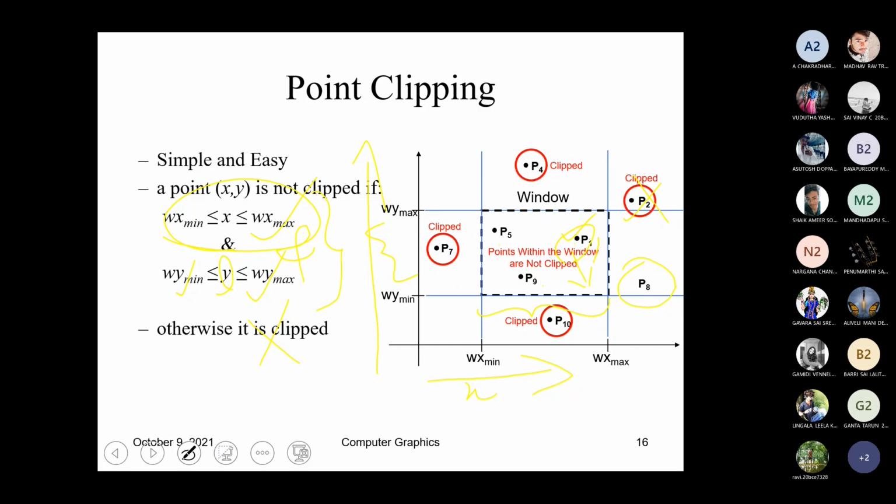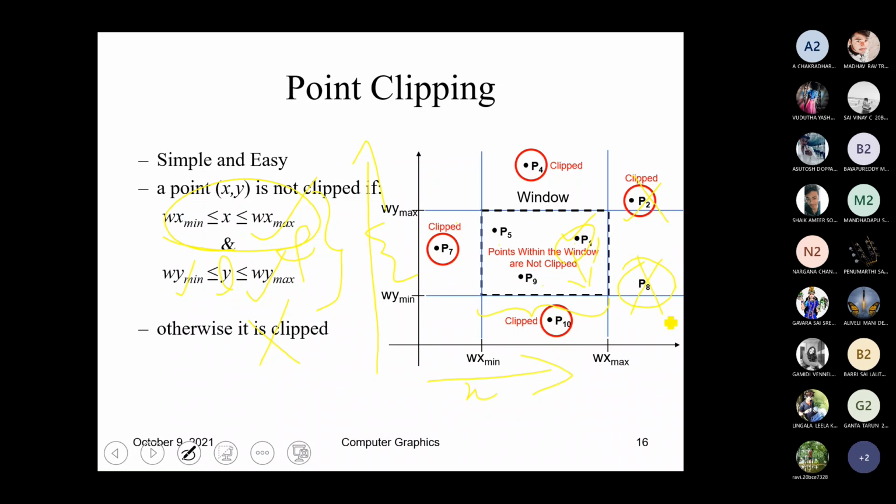If it was OR, we would not clip it, right? P8 is inside your y min and y max, but it is outside your x max, right or not? Are you understanding? So you should clip this point. The same way here.